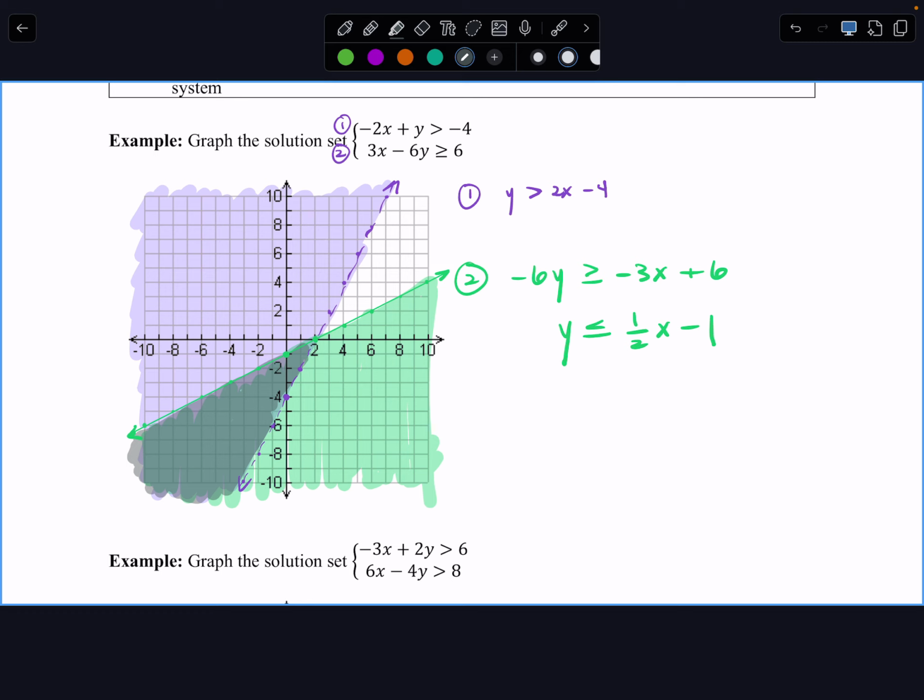But its biggest application is probably something called linear programming. Have you guys heard of that before? Linear programming? Like it's optimizing. Like it's trying to optimize a quantity. And using systems of linear inequalities, the vertices or the points of intersection of the different boundary lines can be used in particular.